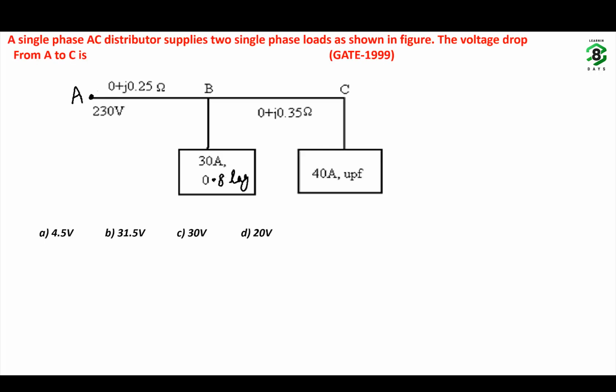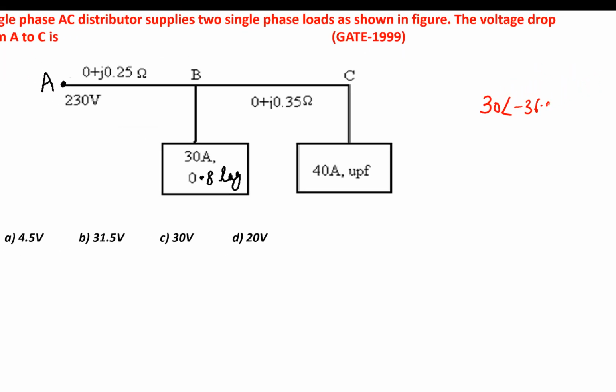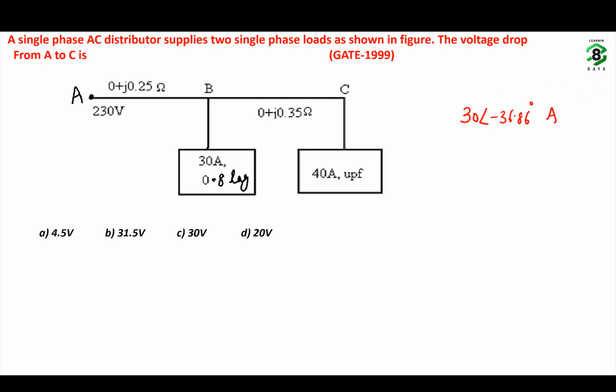A single phase AC distributor supplies two single phase loads as shown in the figure. The voltage drop from A to C is. So what are the currents? The current of 30 ampere at 0.8 power factor lag, we can write as 30 at an angle of minus 36.86 degrees ampere. The second one is a UPF current, which we can write as 40 at an angle 0 ampere.